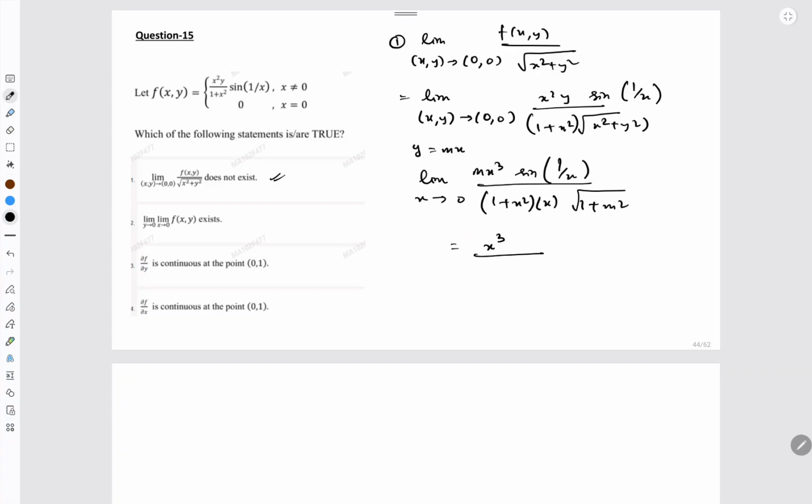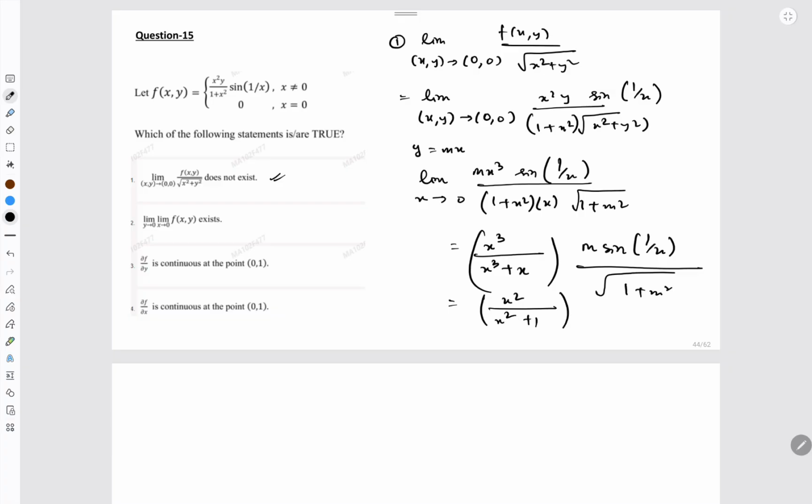So if I take x cube by x cube plus 1, this multiplied by m sine 1 by x, x cube by x, it is 1 plus m square. Now you can see that if I cancel things out here, x square by x square plus 1, this quantity is getting 0, right? So limit is existing at this point.